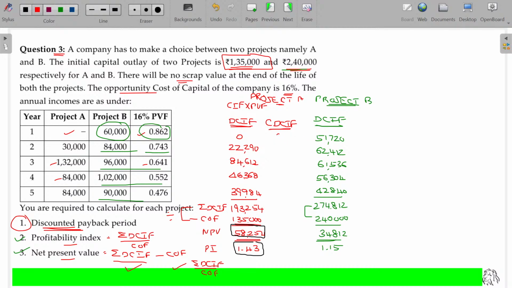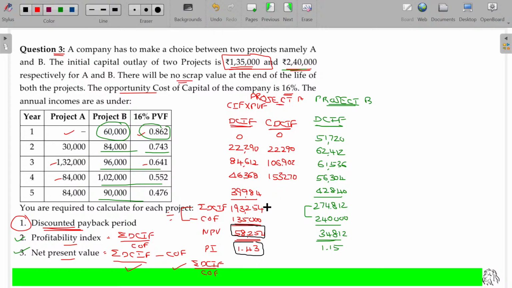In the first year we don't have any return. Second year end, we got 22,290. Third year end, this plus the third year return are summed up, so we get 1,06,902. Then in the fourth year, adding 46,368, I get 1,53,270 up to 4 years.